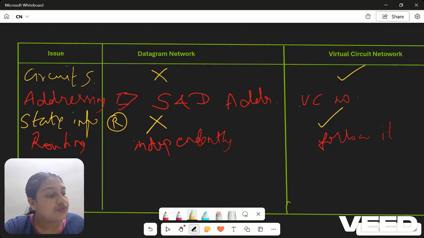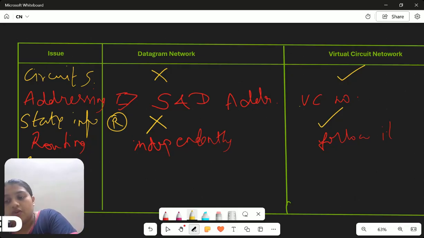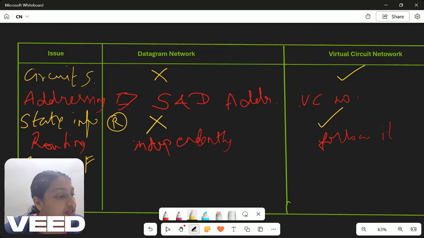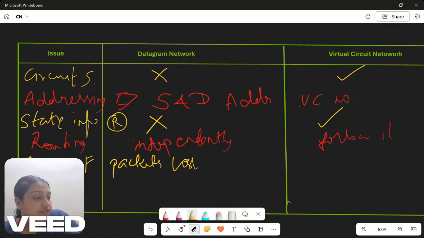Now, effect of router failures. In case a router fails, what will happen? Here, there will be no particular effect in datagram network, except some packets might be lost because of the crash.